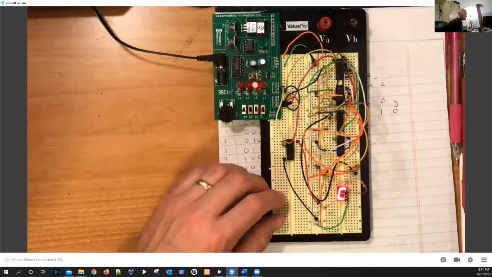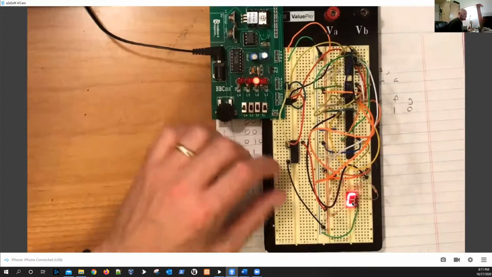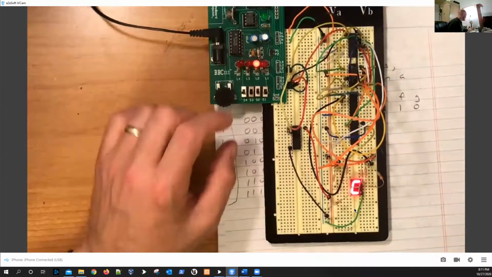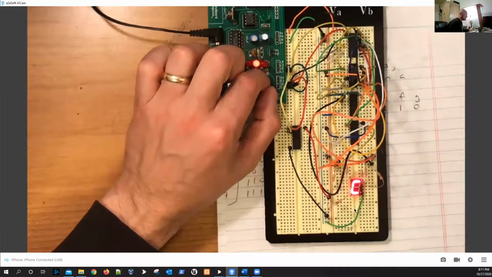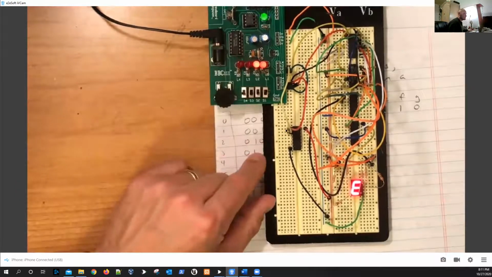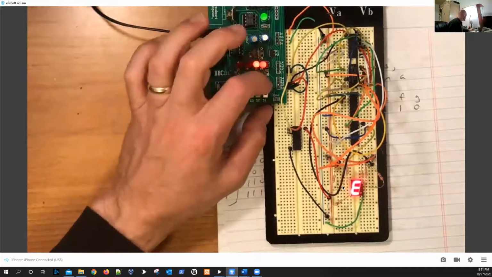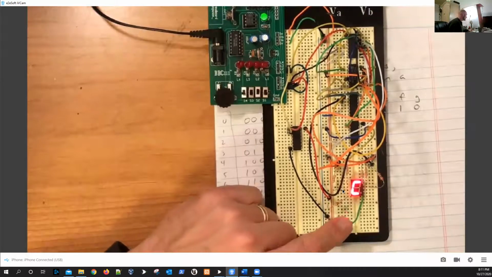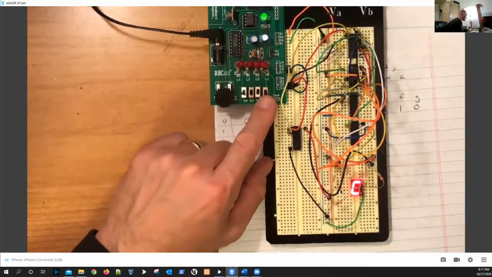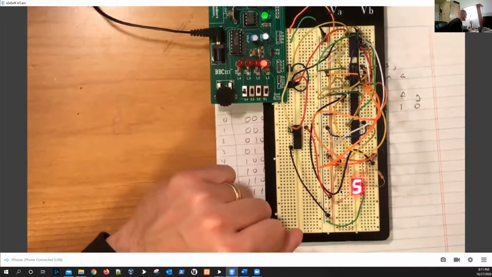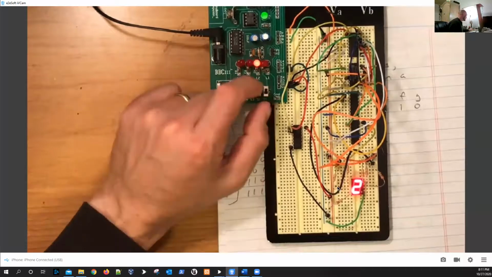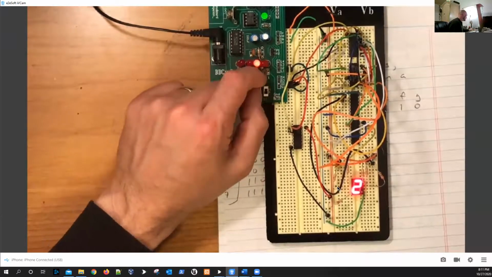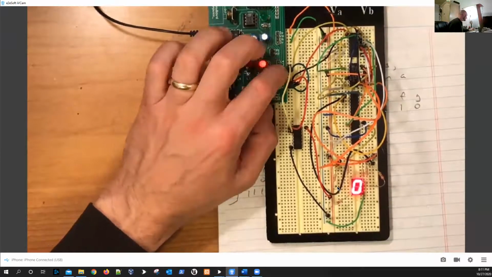We're just watching the little 7-segment display down here. And it's starting at a C because all the switches are off. And then I'll turn this first switch on, and I have an E. There's another C with the second switch on, CECS. And then there's my 2, 0, 2, 0.